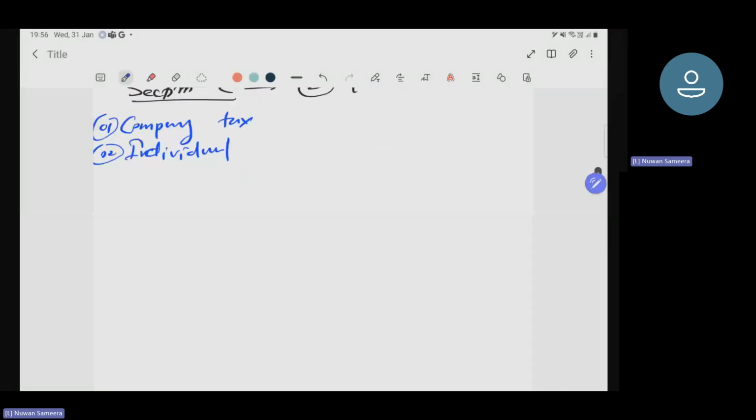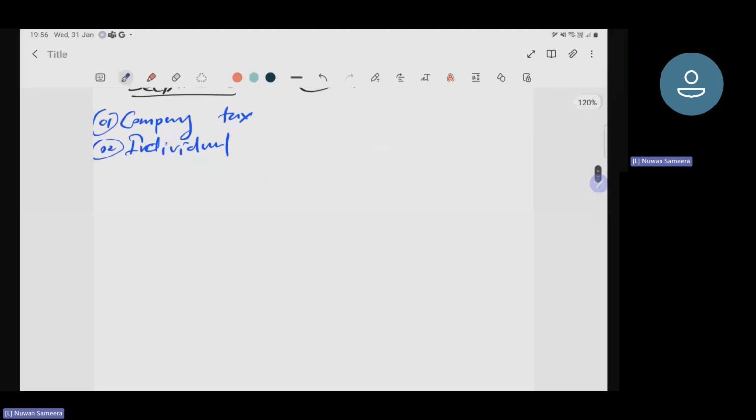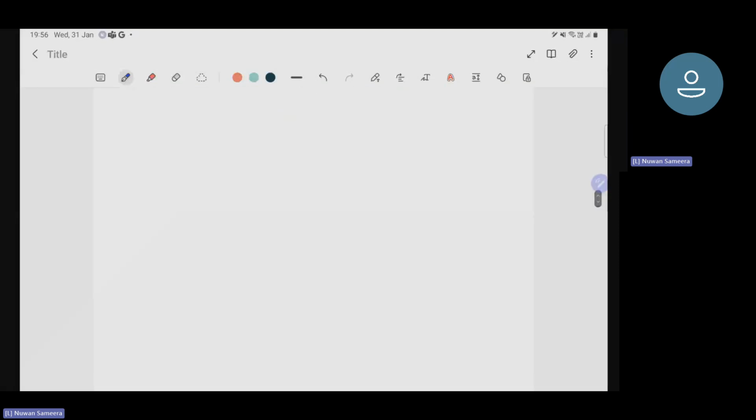So now we can discuss the answer. We have already discussed the important areas, so I will quickly calculate the answer. Question number 9. So this is the structure. If you have any questions, you can ask.